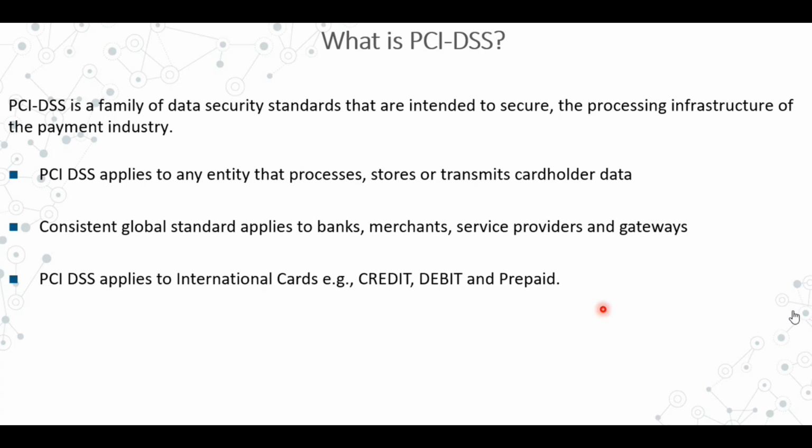So any entity dealing with a China UnionPay card should also go for PCI DSS. Right now RuPay is not part of it. So if you are only dealing with a RuPay card, unless some regulator is asking you to go for PCI DSS, you are not eligible to go for it. Pratap, I hope I answered your query. Yes, sir. Thank you so much.